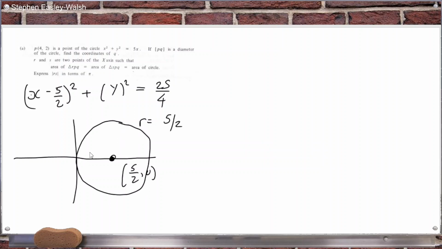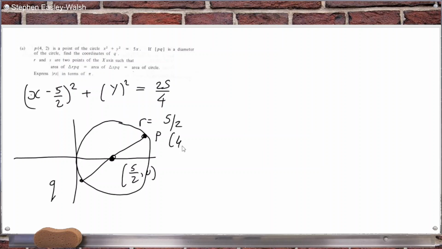P is 4,2, so it'll be like here, and PQ is the diameter, so find the coordinates of Q. Well, let's have a look here.